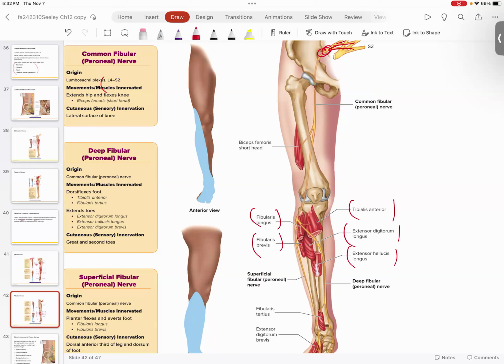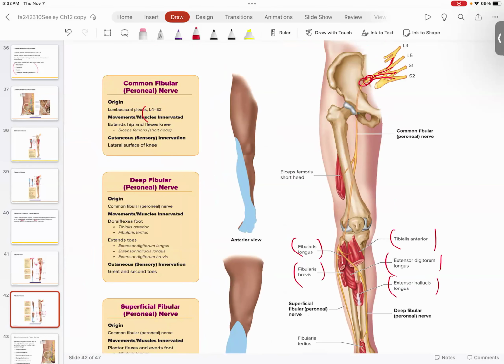These are like the extensors on the anterior side of the leg. So in general, you could think about these as innervating the front side of the leg, whereas the tibial is the back side of the leg. And the loose designation is also true for things like the obturator and the femoral and so forth. The deep and the superficial are basically branches of the peroneal nerve as they branch off.